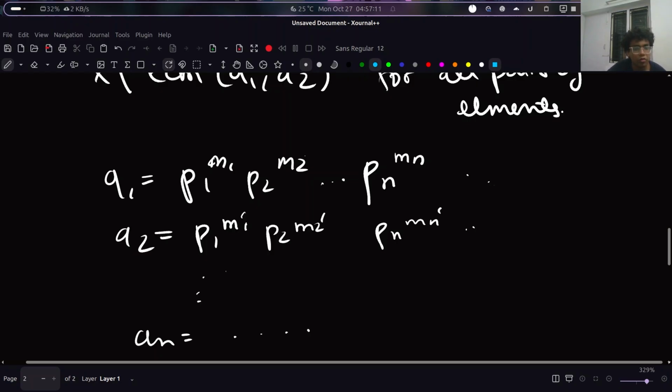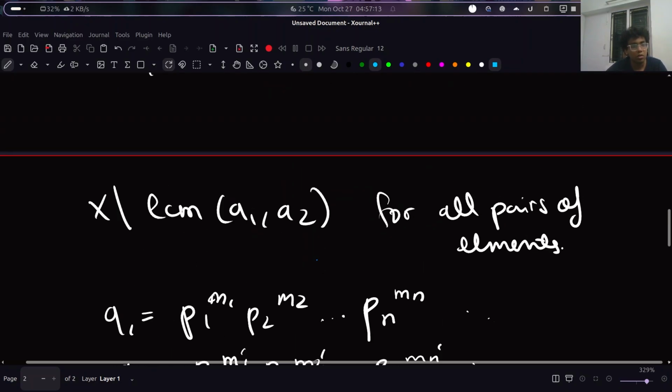So how do we use this to find out what can be the maximum x which divides the LCM of a1 a2?